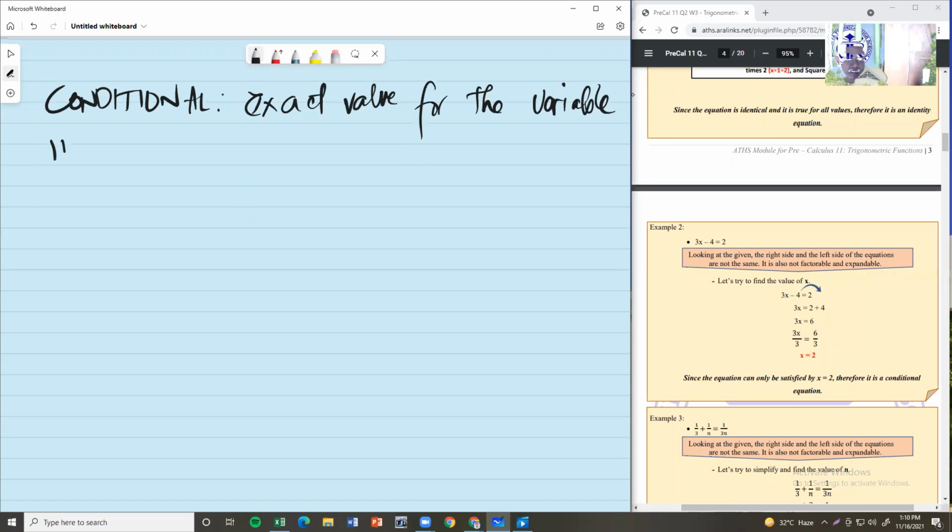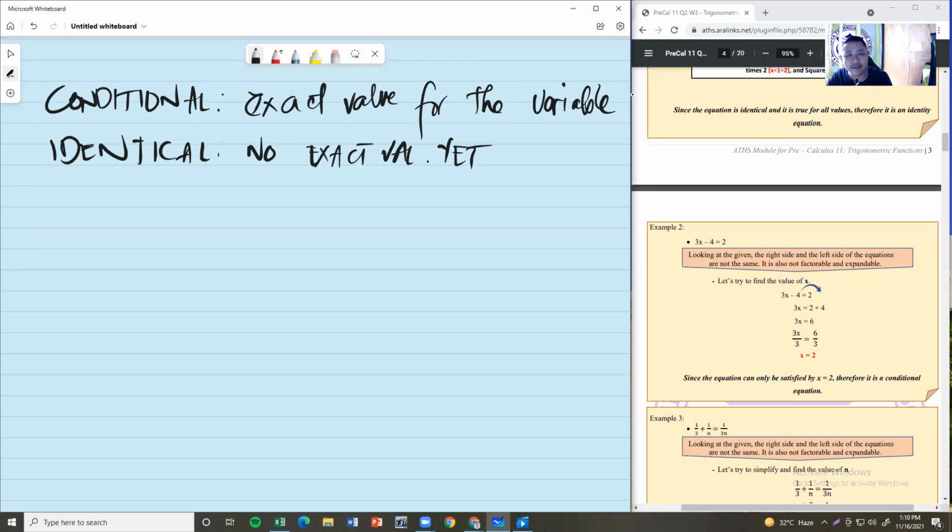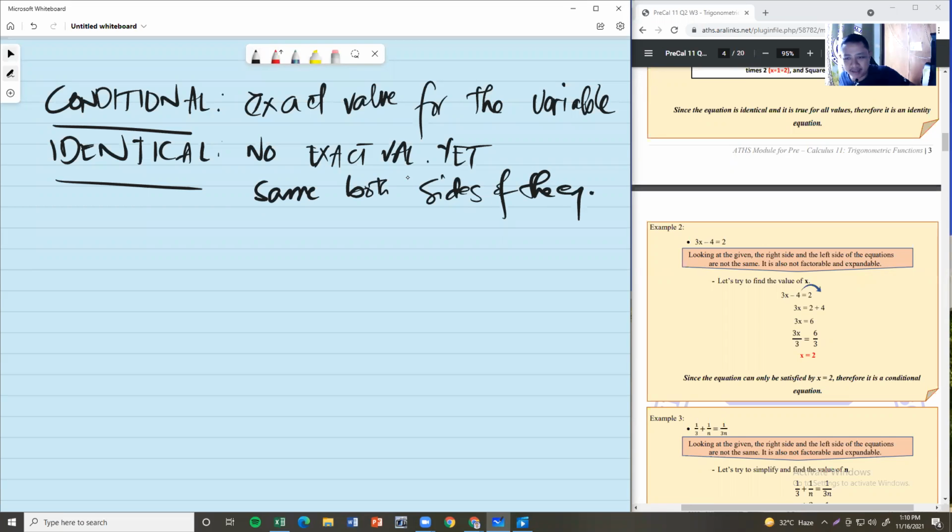And for identity, from the word itself, identical, exactly the same, so therefore no exact value. Same on both sides of the equation. Got it? Kindly show a reaction if you understand the difference between conditional and identity.